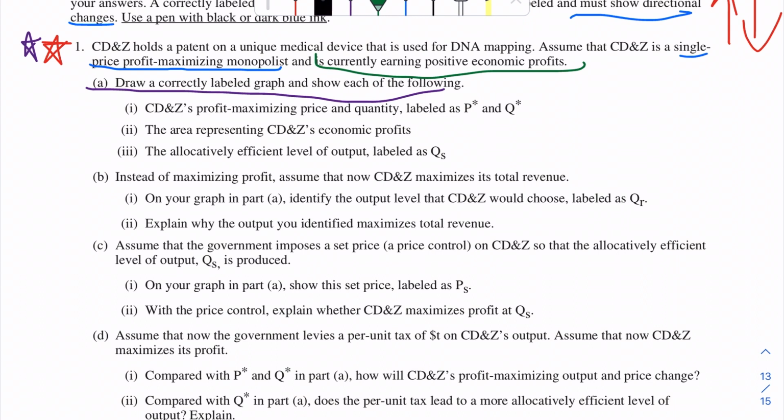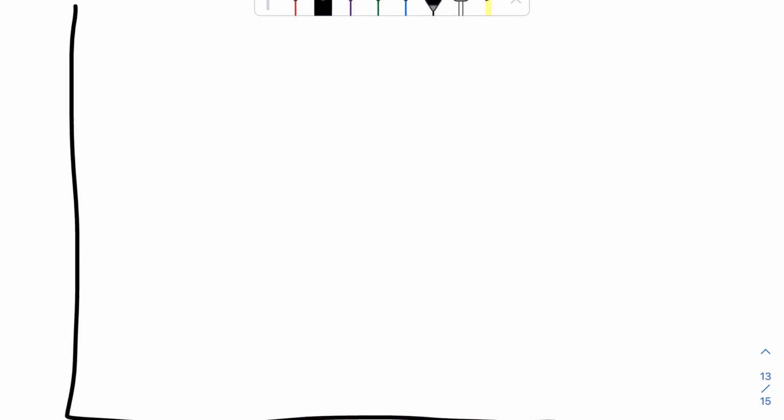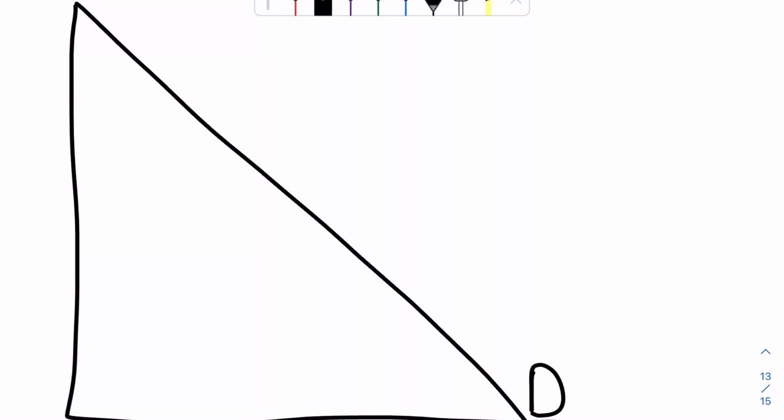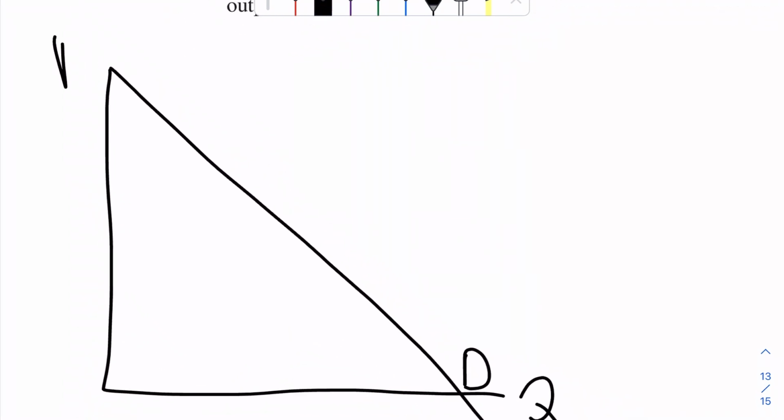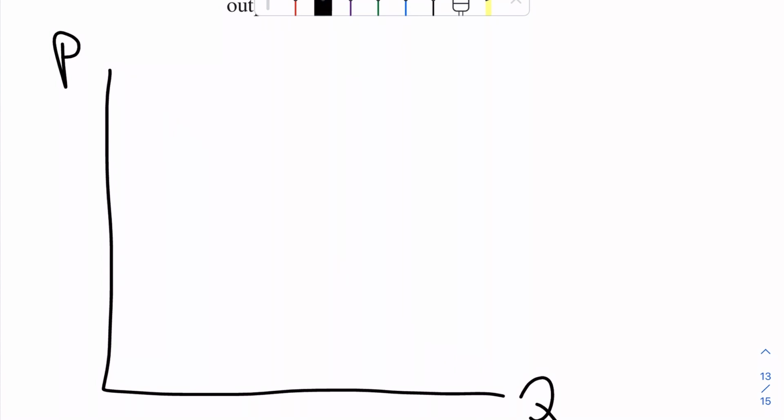So what are we doing here? Drawing a correctly labeled graph showing each of the following. We're going to show the profit maximizing price and quantity, and we know how to do that. You might say, I don't know how to draw this graph. Yes, you do. What did they ask you to do? It's a monopoly. Let me label my axes real quick. That's price, quantity.